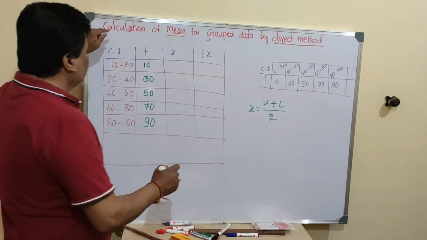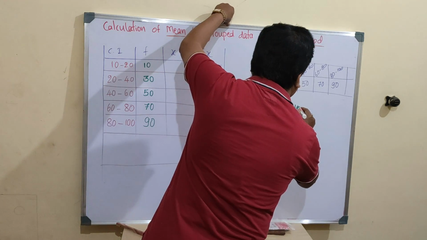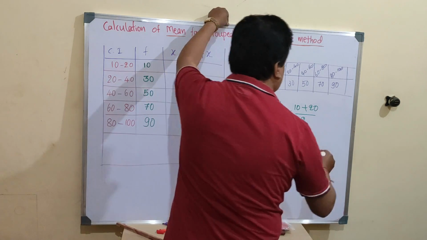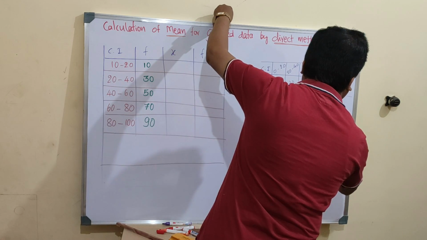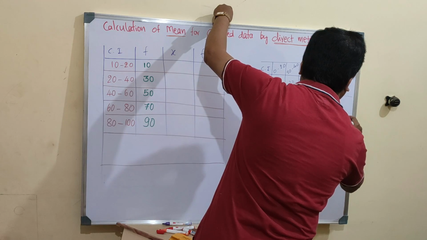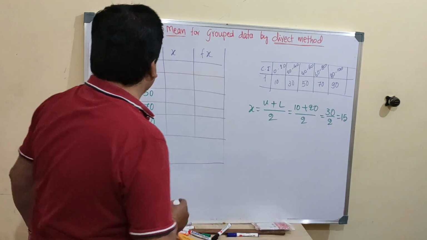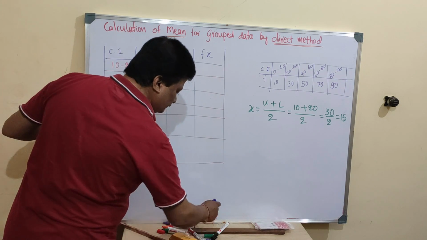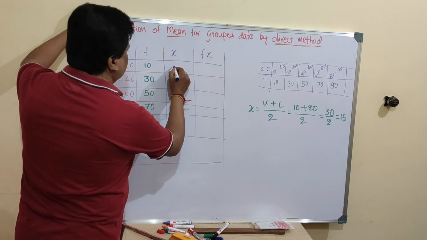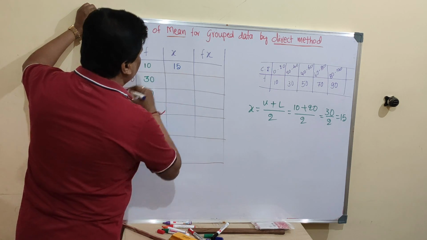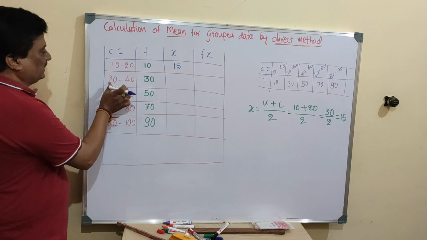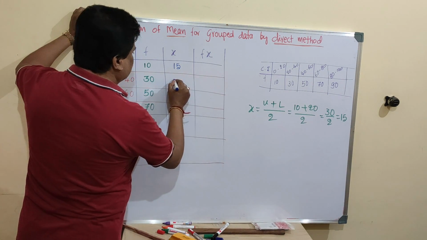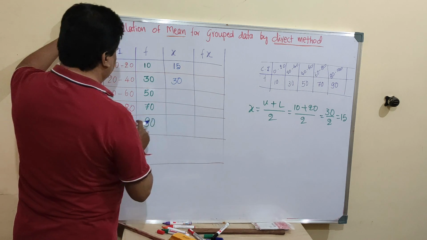For 0 to 20, 0 plus 20 is 20, divided by 2 is 10. For 20 to 40, the sum is 60, divided by 2 is 30.